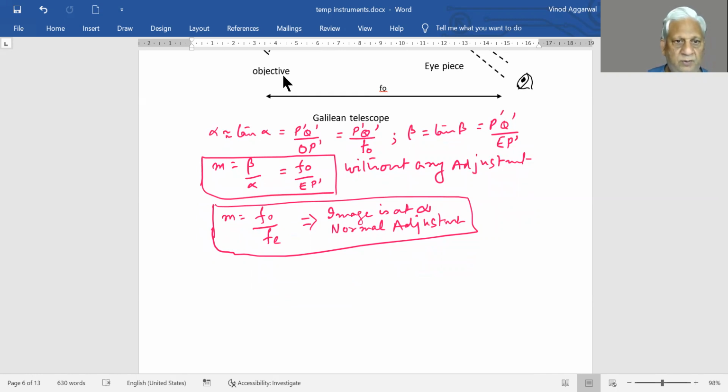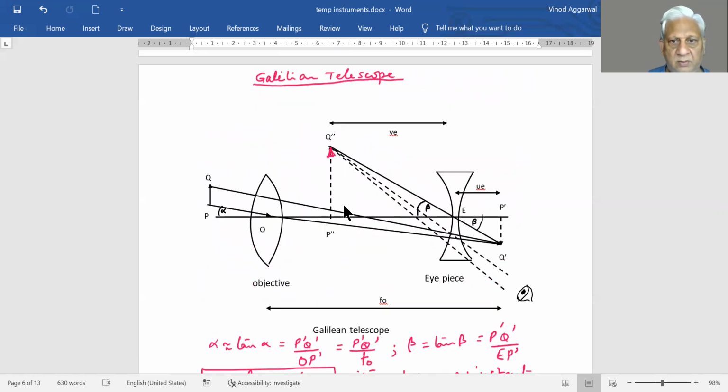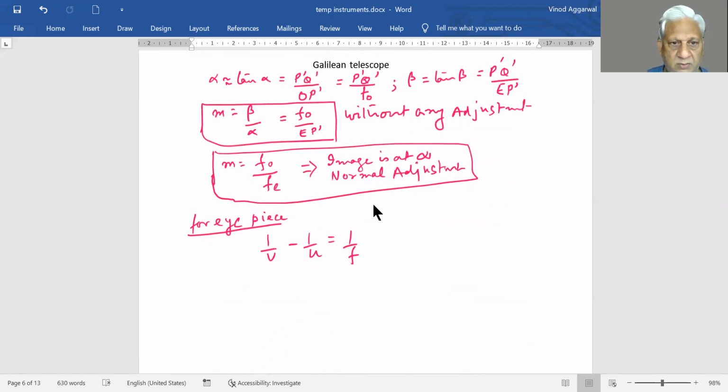Now again, we take the lens formula for the eyepiece. In this case, the image is formed here, which is along the same direction as the rays for this particular lens. So this becomes positive.